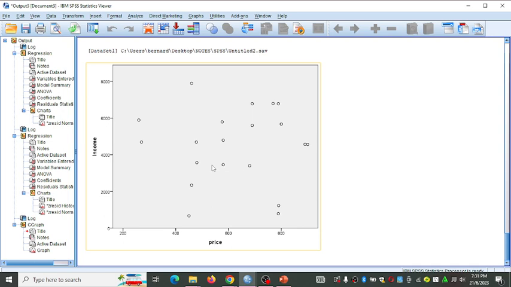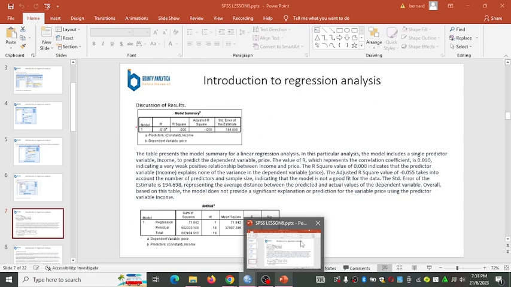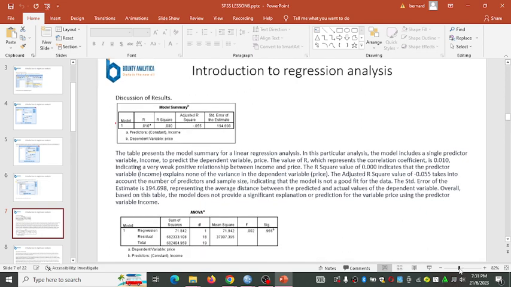Yes, that's the reason why we are getting an R square of 0.00. So it means our model is not accounting for any values.